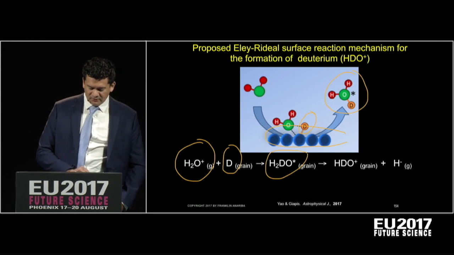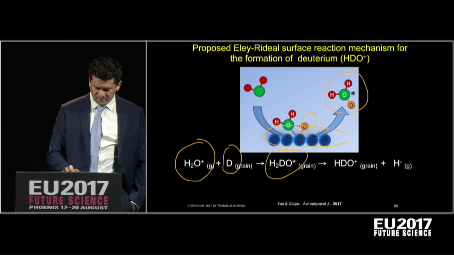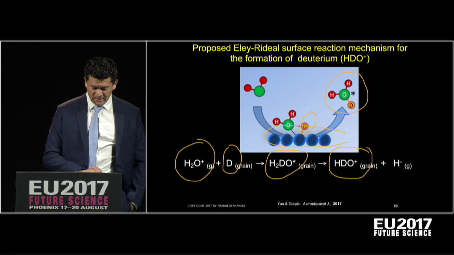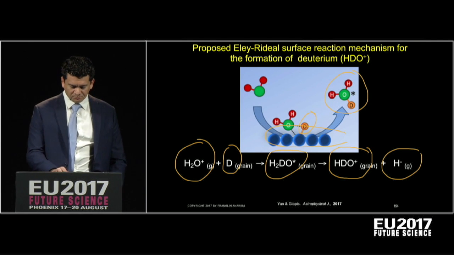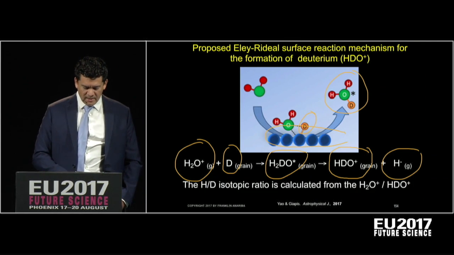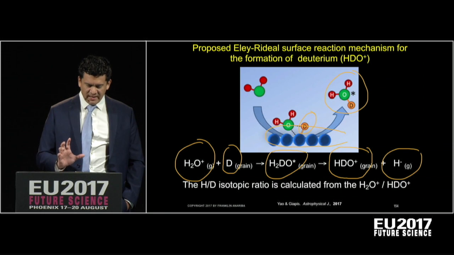Okay? And this complex, which is an intermediate species, then separates into a deuterium ion and another hydrogen negative charge ion here. Now, this is something I already mentioned. Now, this can happen.